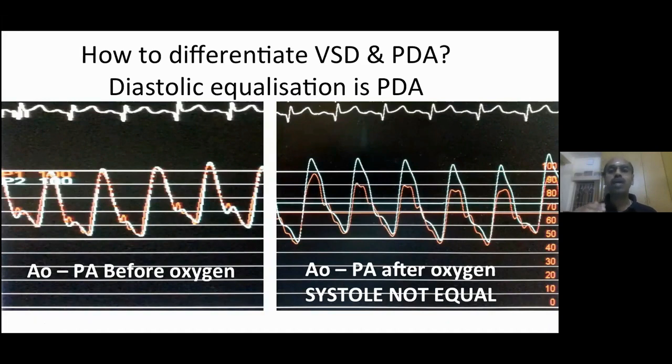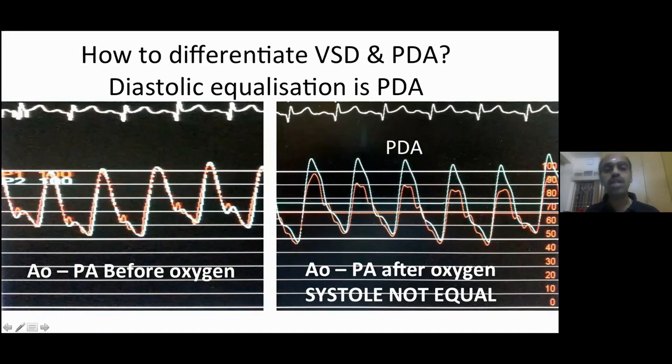Higher QP causes better filling of the left ventricle, better left ventricular stroke volume. Higher left ventricular stroke volume results in higher left ventricular systolic pressure and higher aortic pressure. And so the higher aortic pressure will now show up as aorta going higher than the pulmonary artery, but diastolic pressure will remain equal. So in other words, diastolic pressure equalization is the rule in a PDA.